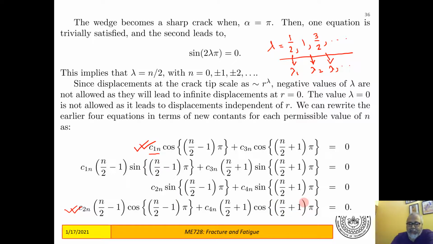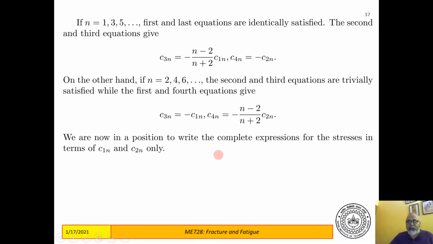So for n equal to odd, you have only these two equations, and from these equations, given the fact that n is odd, this will be 1, this will be 1 as well, and you can find a relationship between c1n and c3n for n equal to odd.